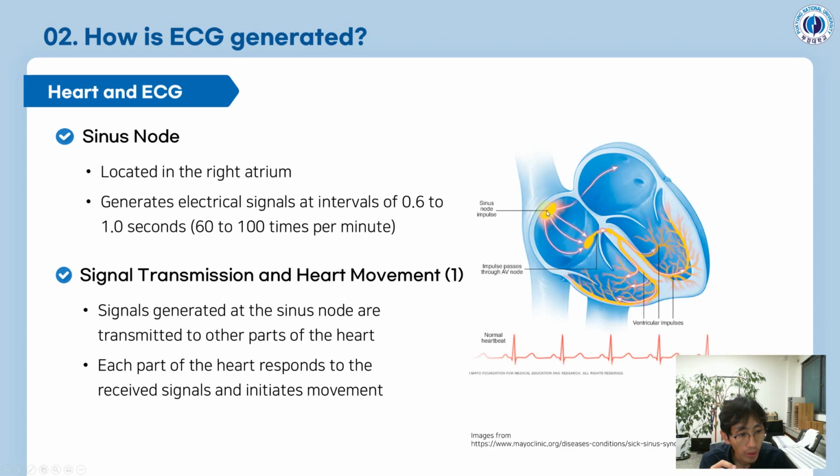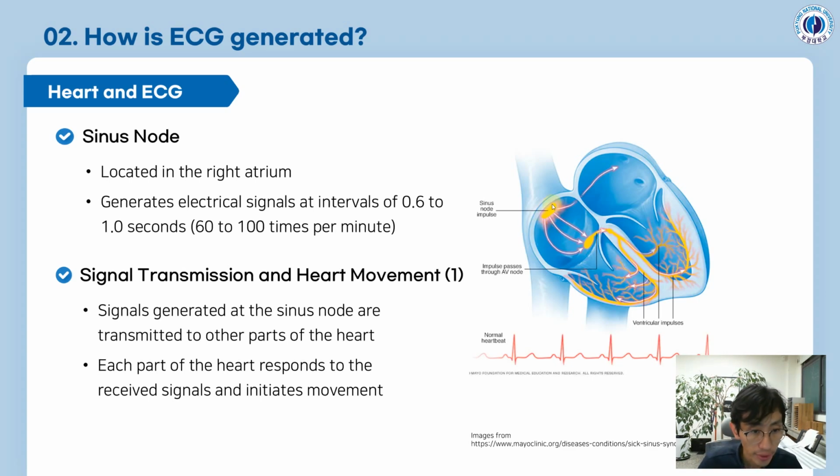And this organ, the sinus node, continuously and regularly, periodically generates the signal for our heartbeat. So this gives the signal regularly, beep, beep, beep, beep, beep. This sinus node generates this signal, and our heart beats, moves according to this signal from the sinus.